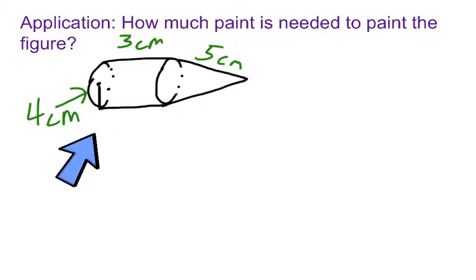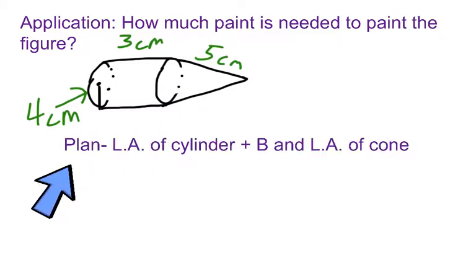So our game plan, let's jot that down. So our game plan is find the lateral area of the cylinder plus one base. Remember, just this base, not that one. And then the lateral area of the cone. So we're ignoring this base in both occasions.